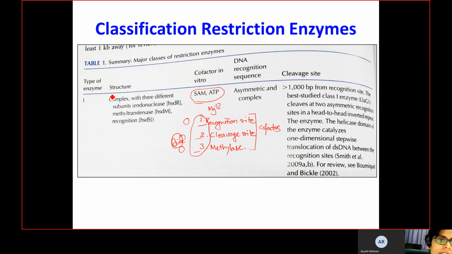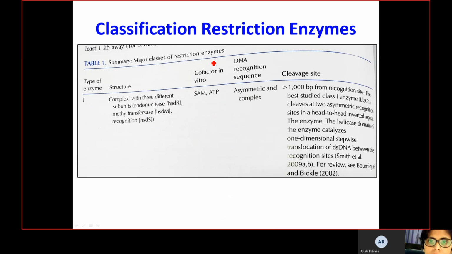We'll see. In type 1 enzyme, the whole enzyme is a complex where three different subunits come together: endonuclease, methyltransferase, and recognition, for specificity. All these are together in one complex, and this is how they function.